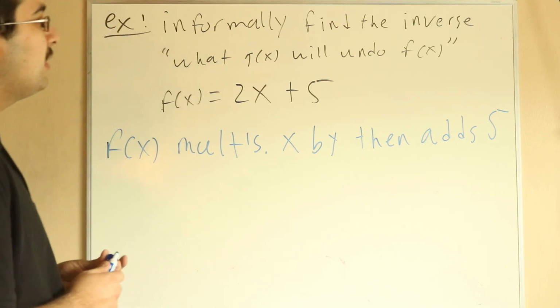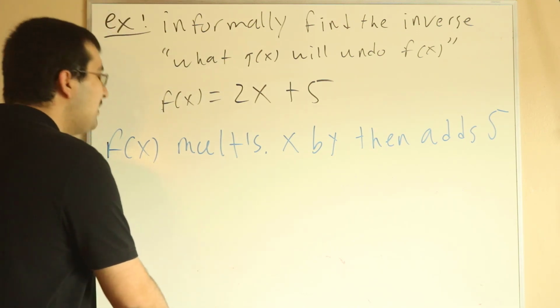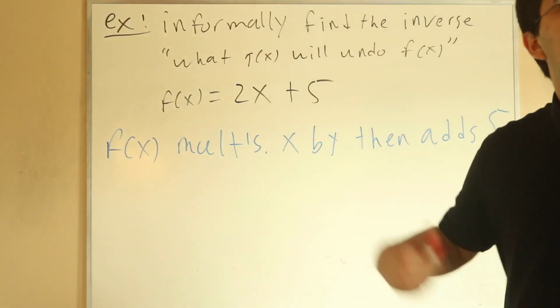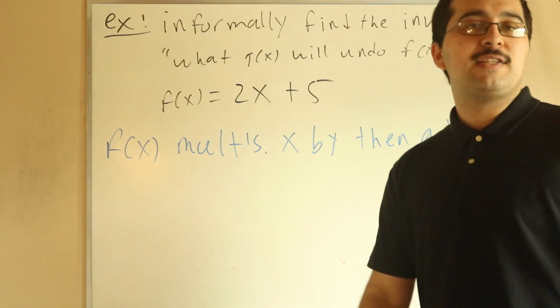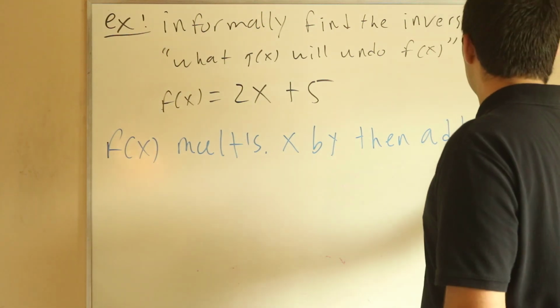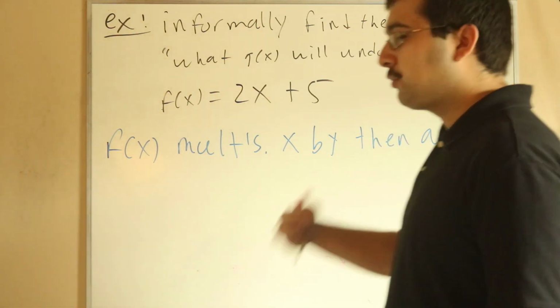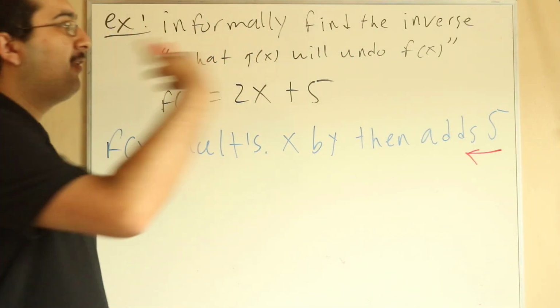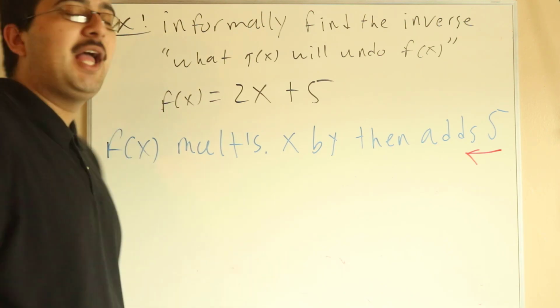Now, why that's important is because, as I mentioned in the previous example, when it comes to trying to understand what g of x will undo this f of x, right? Start at the end of your description of f of x. Start at the end there and work your way backwards. From the end, undo everything that's been piled on.